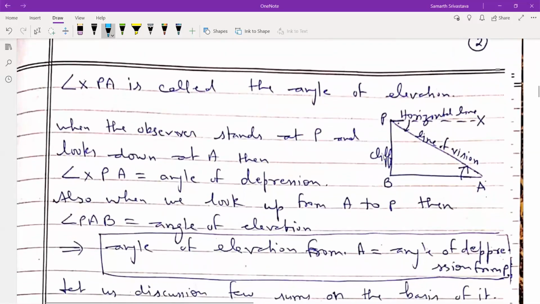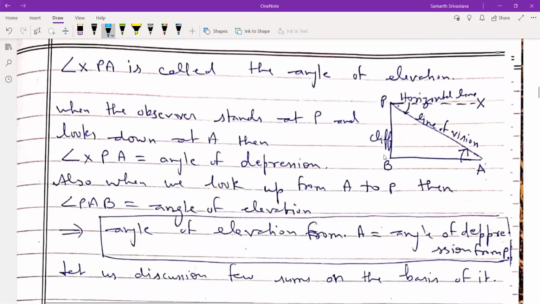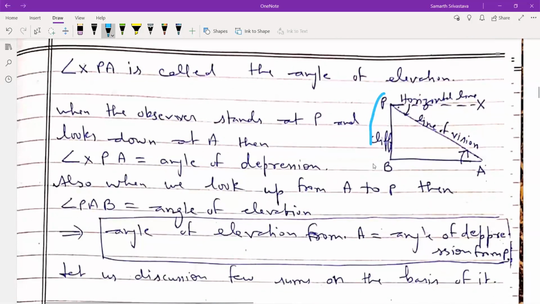And I've drawn the second diagram in which PB is representing the cliff and the person at P is looking down. Then angle XPA is called the angle of depression.